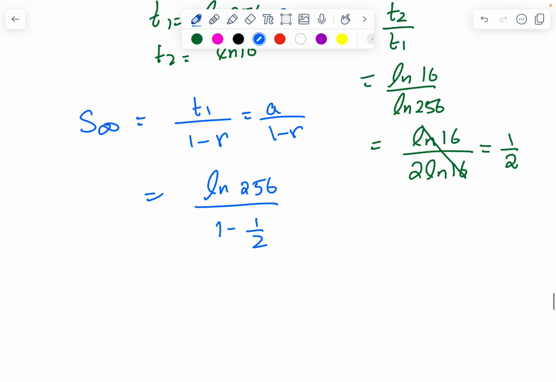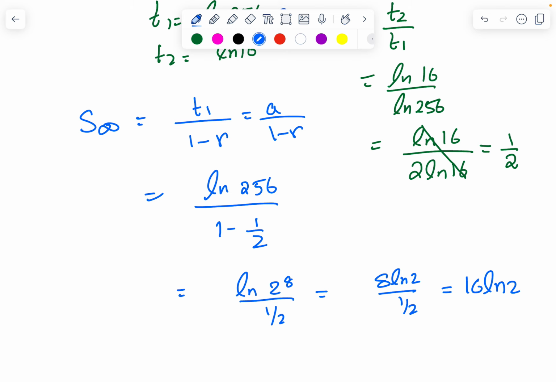So ln 256, 256 is nothing but how much? 2 to the power of 5 is 32, 2 to the power of 6 is 64, 2 to the power of 7 is 128, 2 to the power of 8, divided by 1 upon 2. So 8 ln 2 by 1 by 2, which is nothing but 16 ln 2. So answer is 16 ln 2.